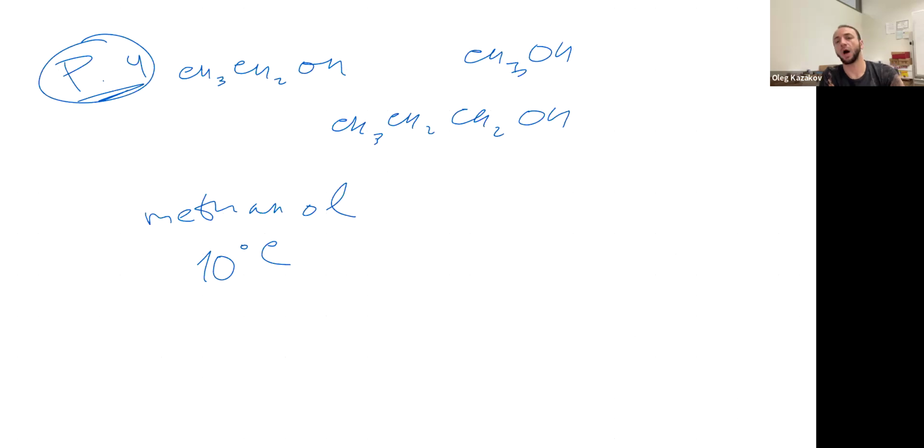This one has 2 carbons in the chain, so presumably it will have stronger dispersion forces. Of course, they will all have hydrogen bonding, that will be there for sure, but this compound has stronger dispersion forces because it has more carbons in the chain. Consequently, ethanol will have a little bit higher boiling point than methanol, maybe 20 degrees Celsius for the sake of the example.